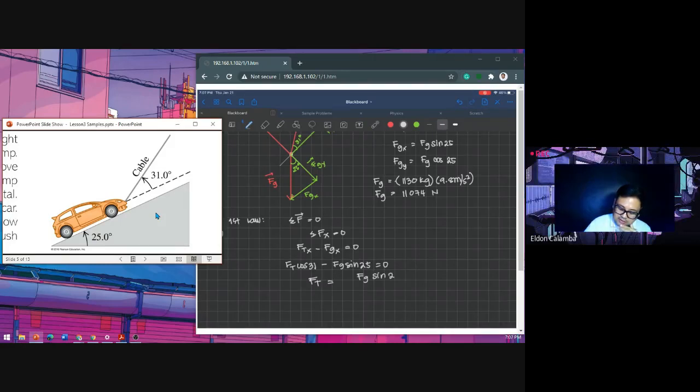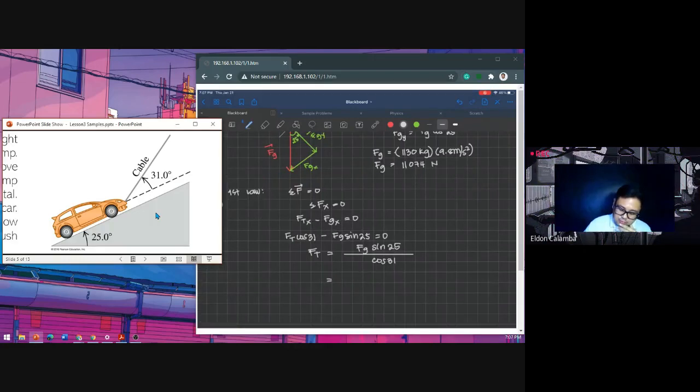sin 25 all over cosine 31. So this is equal to FG 11,074 sin 25 over cos 31.